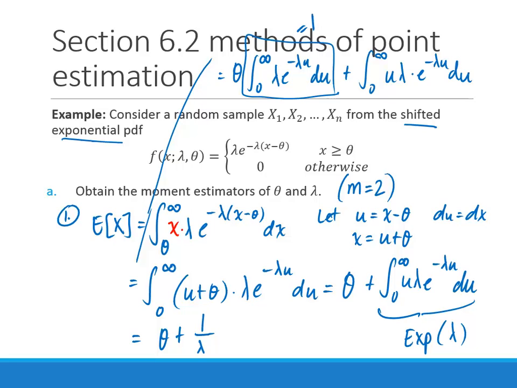Good question. Should have made that more clear. The point is that I recognize the other part as an exponential random variable, so I don't need to actually do that calculation again. Could if you want to, but no need for that.